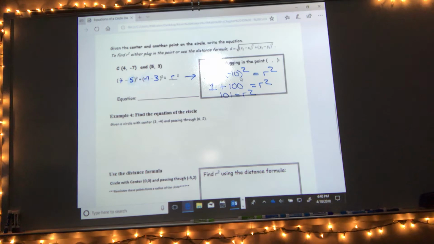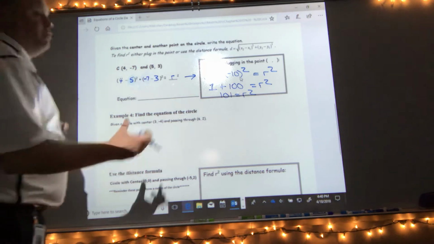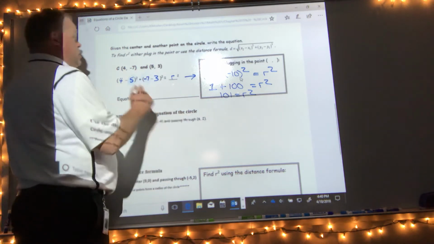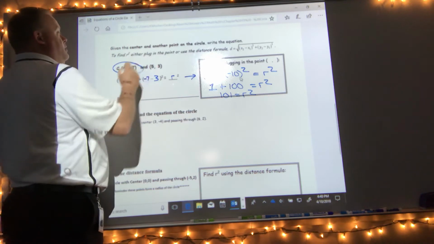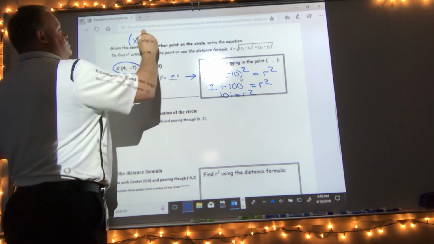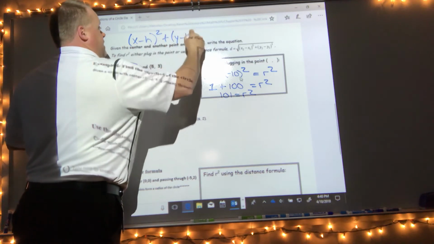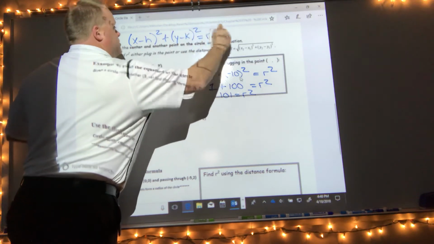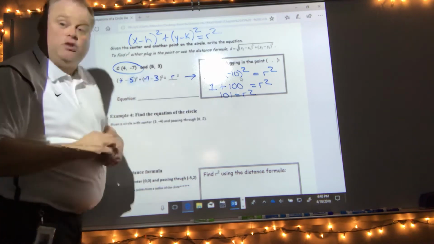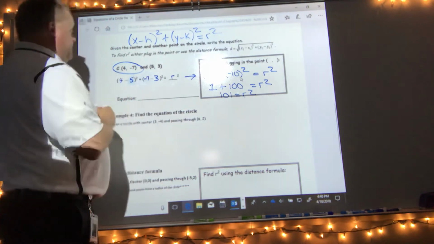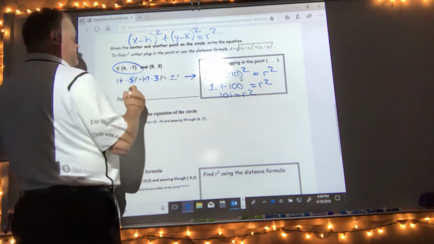So when I do that, I can now plug into my equation. Well, I know my center, and I know my equation, x minus h squared plus y minus k squared equals r squared. That is my equation. So we can plug in. My center's at 4, -7.